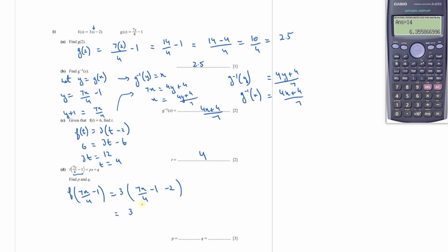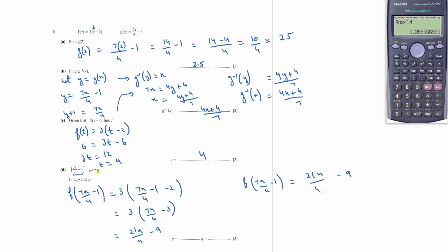And this will be 3 into 7x over 4 minus 3. And then if I open this bracket up, I will get 21x over 4 minus 9.